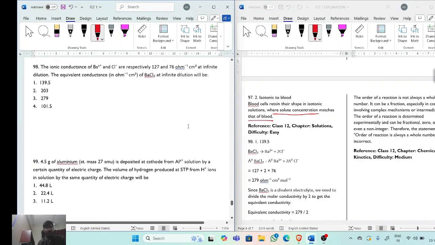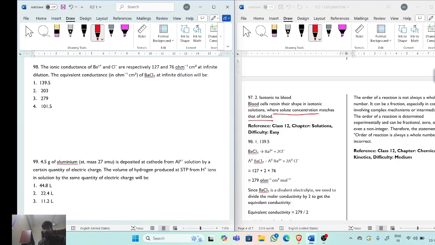Now question number 98. The ionic conductances of Ba2+ and Cl- are 127 ohm inverse centimeter square and 76 at infinite dilution. We have to calculate the equivalent conductance of BaCl2 at infinite dilution.